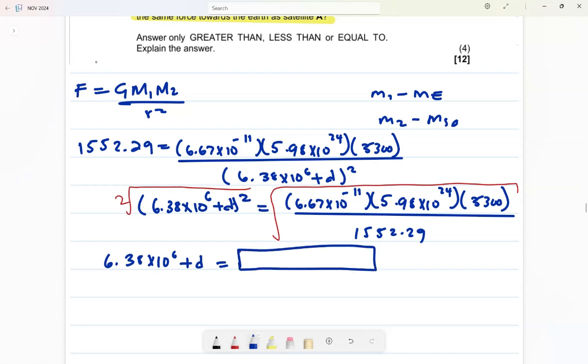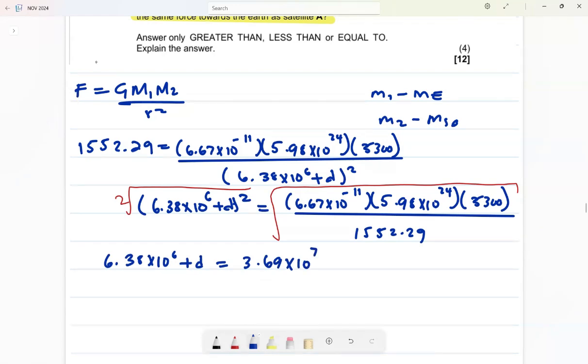Let me just punch that on my calculator quickly. You get something like 3.69 times 10 to the power of 7.